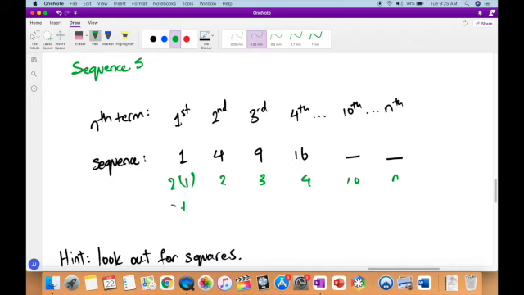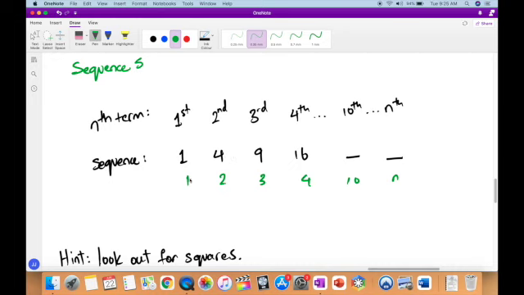So 2n minus 1, alright. But it wouldn't work here though, because 2 2s are 4 minus 1 is 3, so multiples of 2 doesn't work here, or at least multiples of 2 minus 1 doesn't work here.